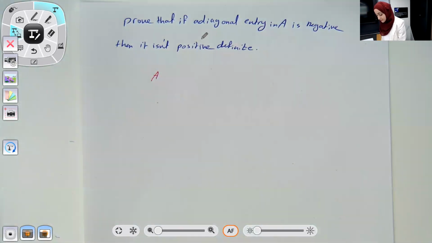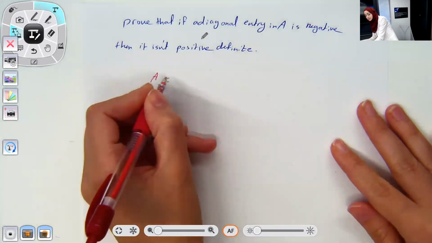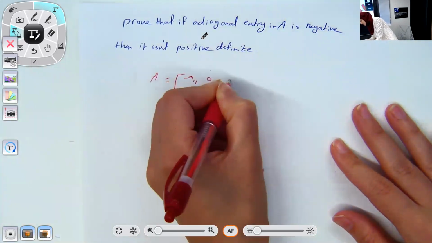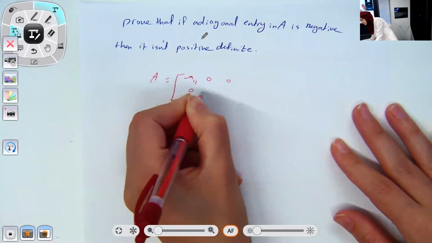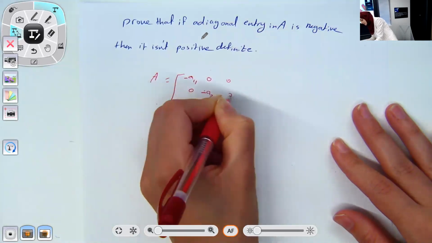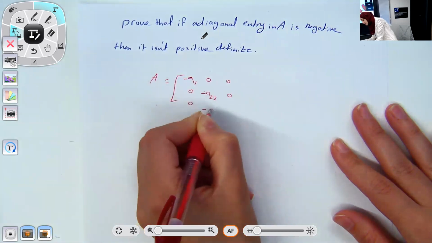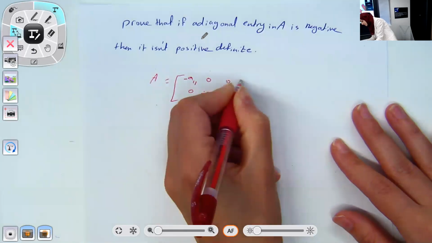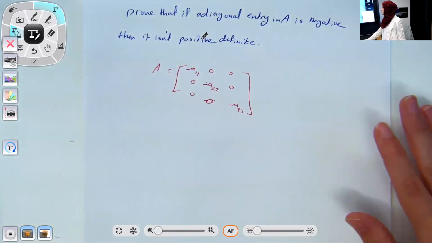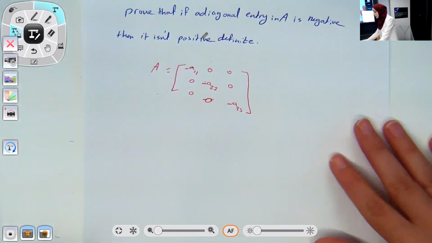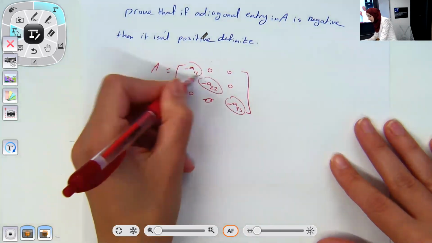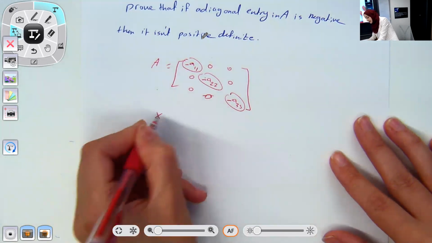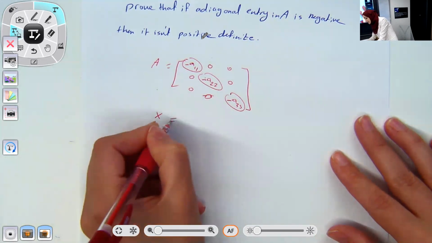For example, if you have a matrix A equal to minus A11 here, 0, 0, here 0, minus A22, 0, 0, 0, minus A33, and so on. For example, say it's a 3 by 3 matrix. All the entries in the diagonal are negative. Okay, this is the matrix A. Suppose that we have X, which is a vector, and X not equal to 0.